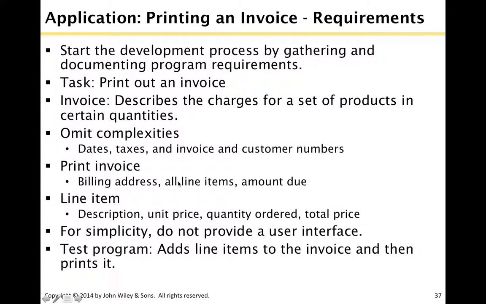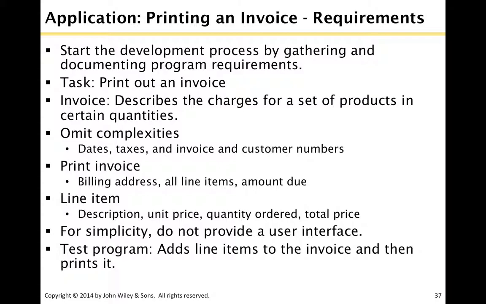So, requirement gathering. The task is to print out an invoice, and we want an invoice that describes the charges for a set of products in a certain quantity. We don't want to deal with too much detail, so let's omit those complexities such as dates, taxes, and the customer number and so on.